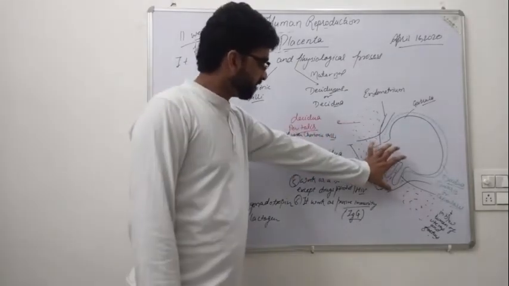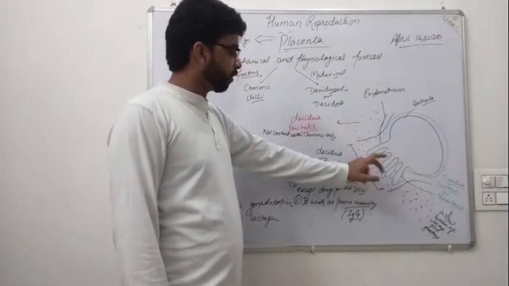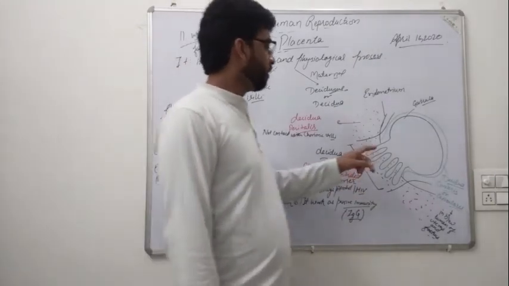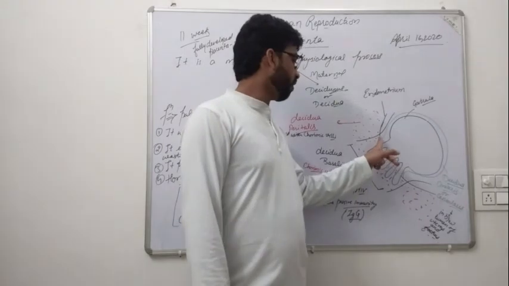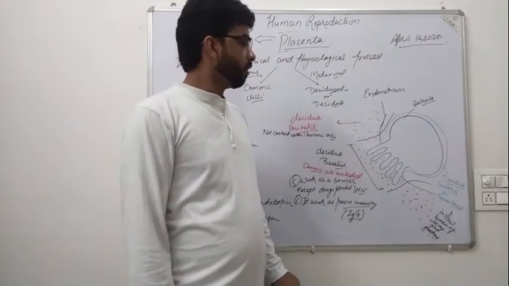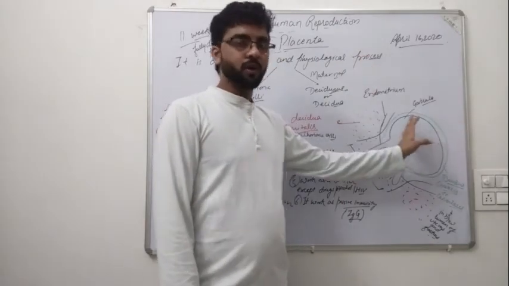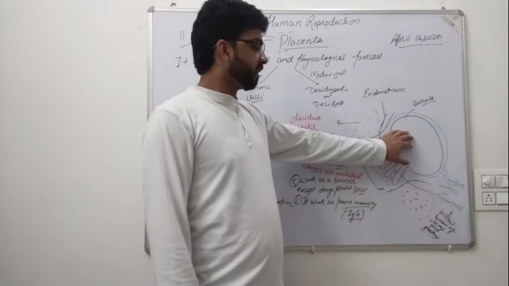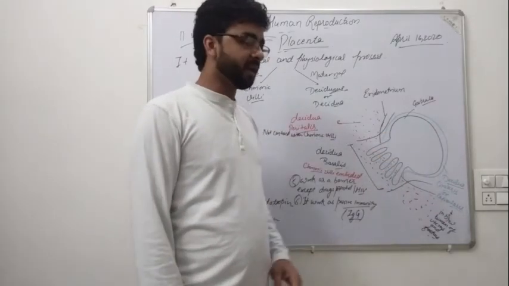The part which is directly linked with the chorionic villi is called decidua basalis. The part of placenta which covers the fetus from the outer lumen of the uterus is called decidua capsularis or decidua circularis.